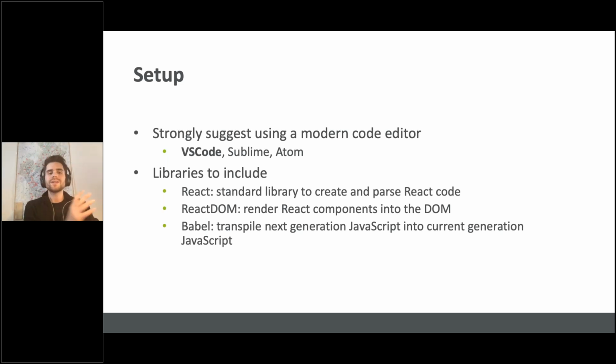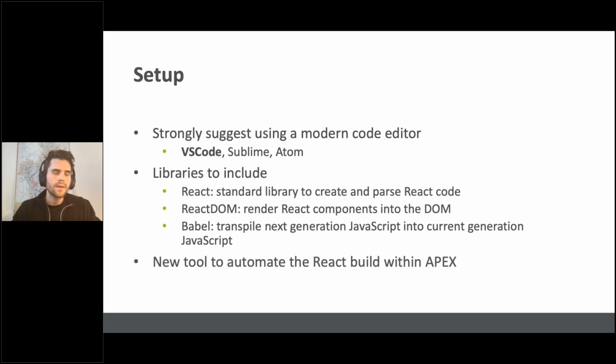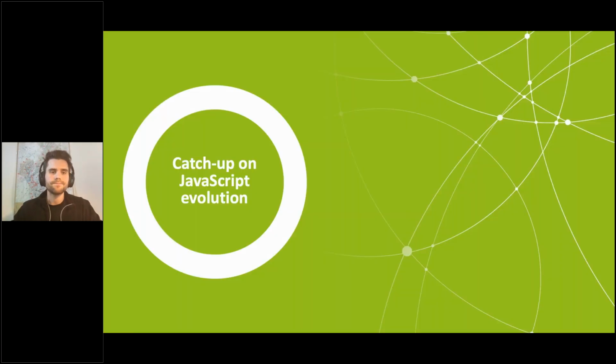And then there's Babel, which will transform the React code into browser readable code. And we'll explain a little bit later why that's needed, because React has syntactic sugar over JavaScript, so they kind of have their own language basically. And then we're going to talk about a new tool to automate creating React builds with Apex.